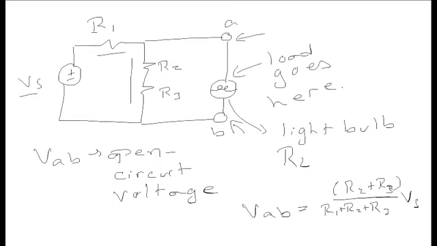Notice something important. VAB, the open circuit voltage, does not depend on my load. The voltage across the load may change when the load is connected, but when there is no load there, only the circuit that I care about is contributing to that open circuit voltage, and therefore I can compute it without knowing anything about my load.